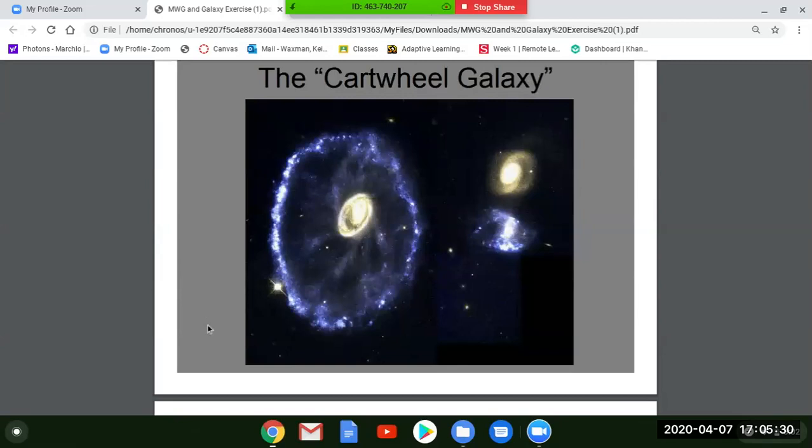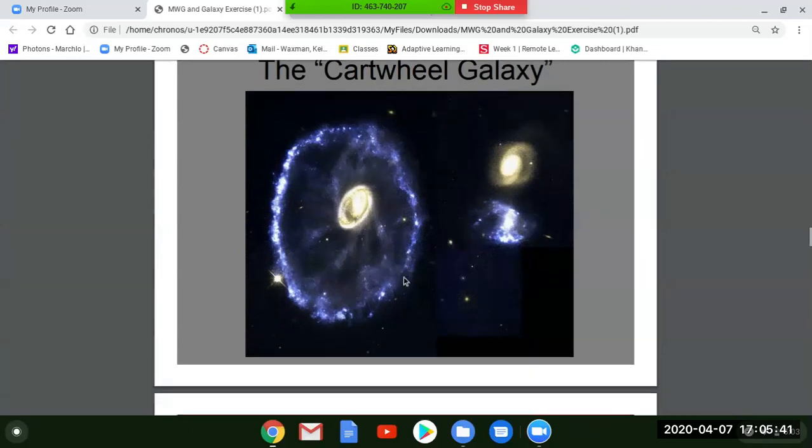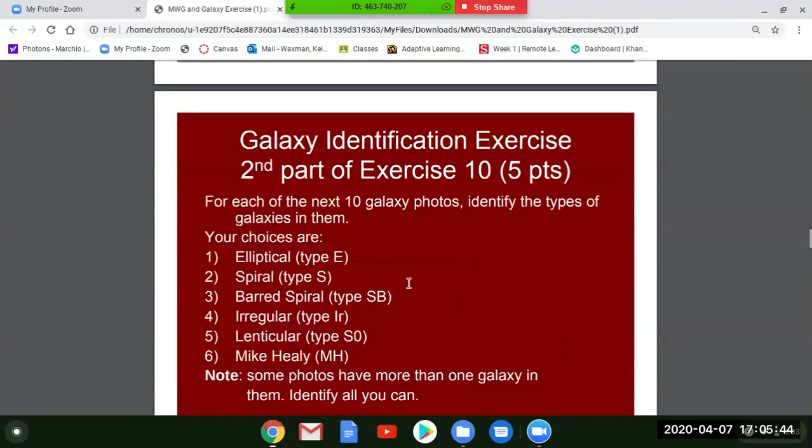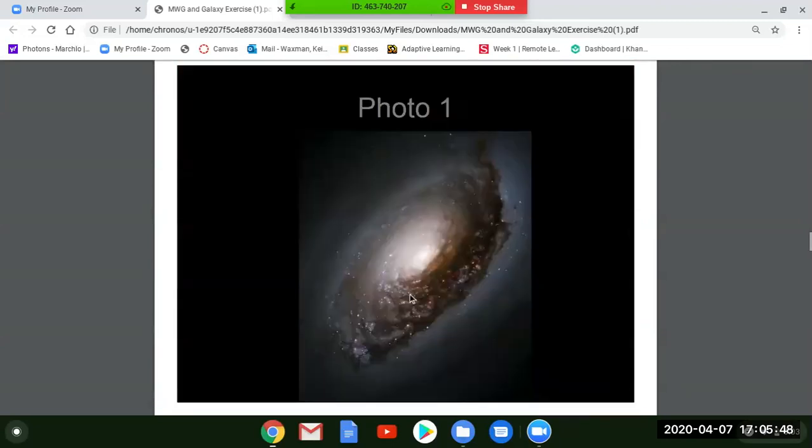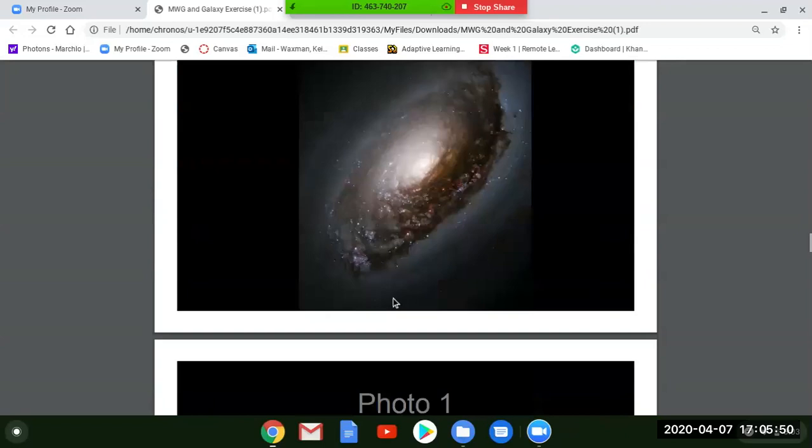This is actually one picture. You might say, well, what is going on here? That looks like the nucleus of a galaxy. This looks like part of another one where stars are forming. So who knows what's going on here? It's from a collision of galaxies. Here's an exercise. You don't even have to do it, you get credit for it. But if you're bored, you can take a look at these galaxies and see what you think they are.